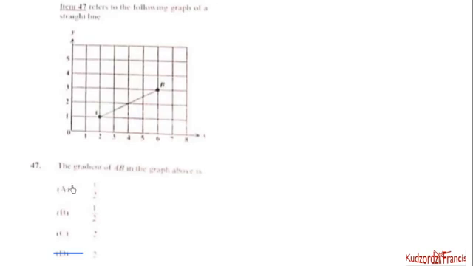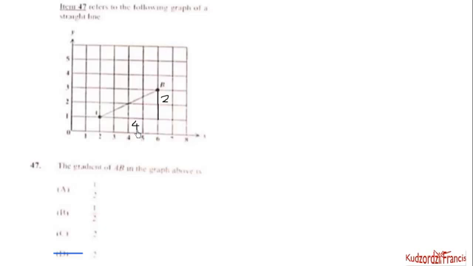Now let's move on to item 47. The gradient of AB in the graph above is, so to find the gradient, we find the change in y, which is from 1 to 3, and that is 2, and we also find change in x. Change in x is from 2 to 6, which is 4.